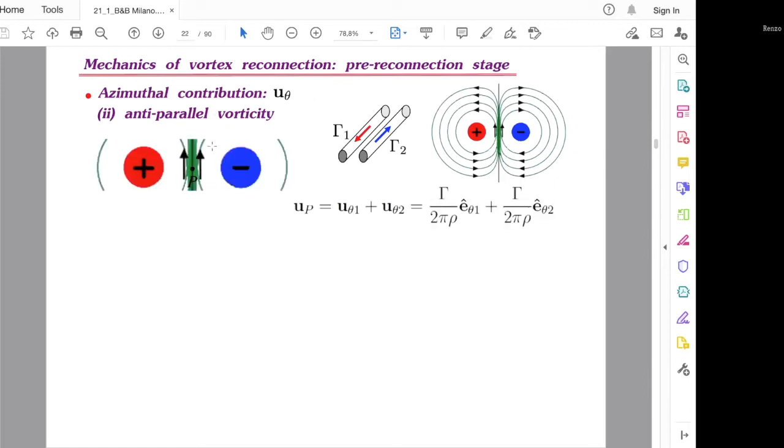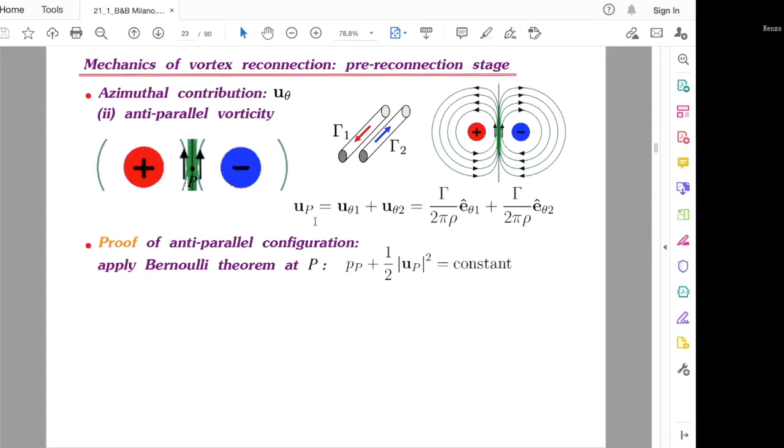So if we focus at the center here, we have a sum of these azimuthal contributions in this fashion, of course. And so P, the point of symmetry, is the point we care about if we want to consider the velocity induced by the two components, the azimuthal and the binormal.